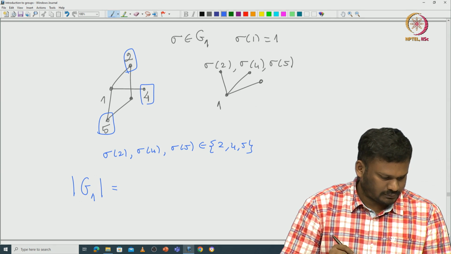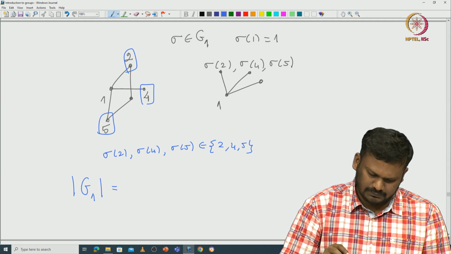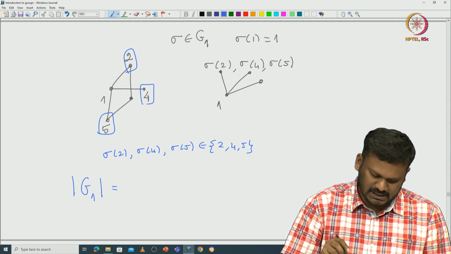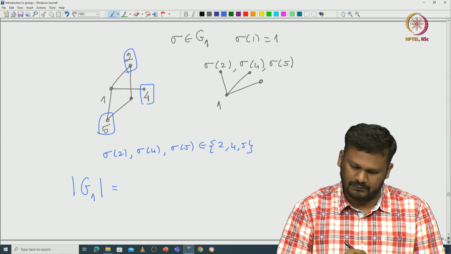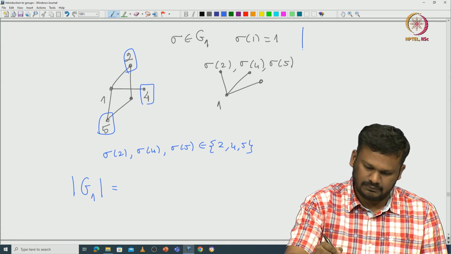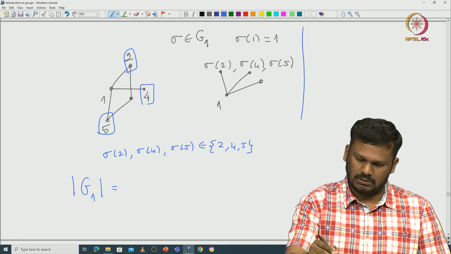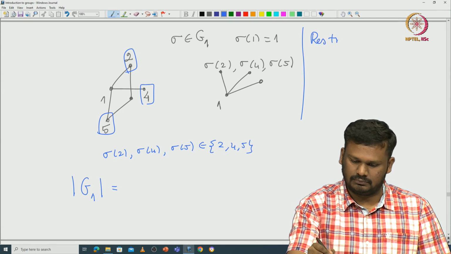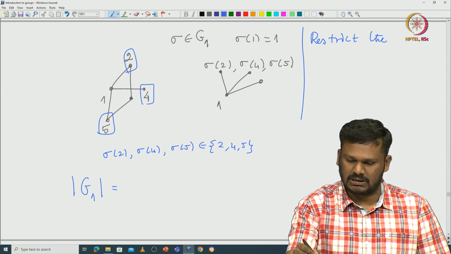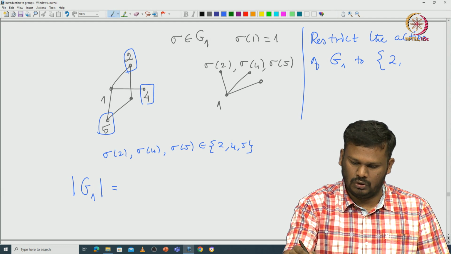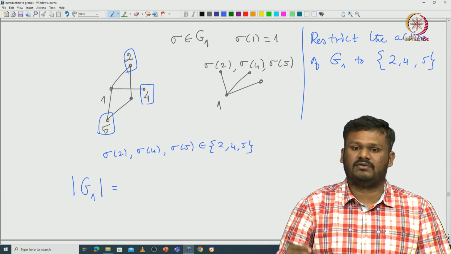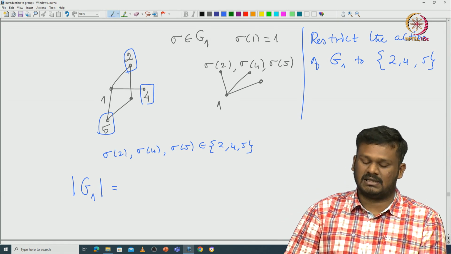Then you can restrict the action of G1 to only 2, 4, 5, because we just verified that 2, 4, 5 is an invariant subset.